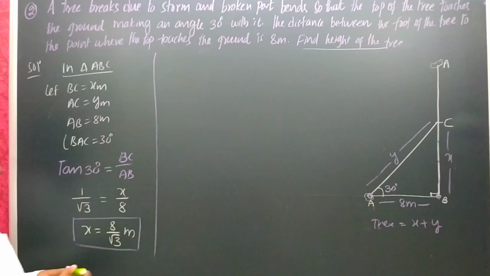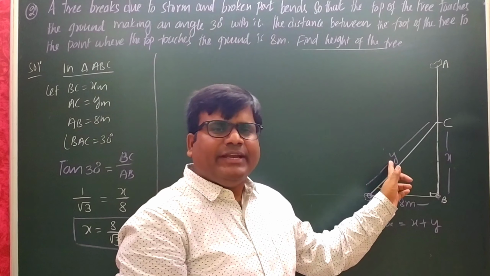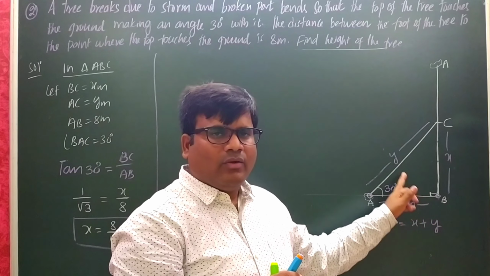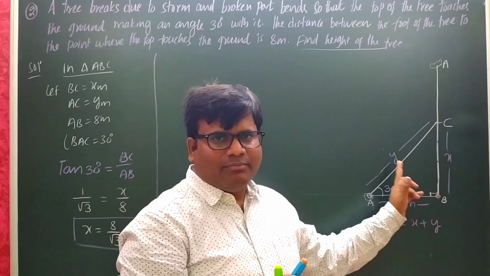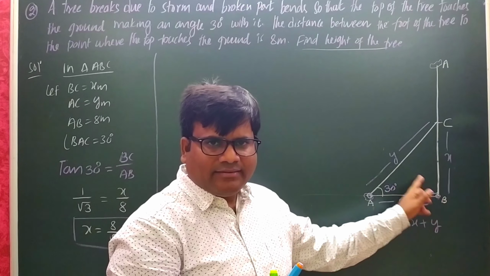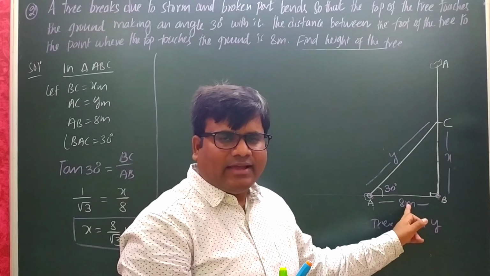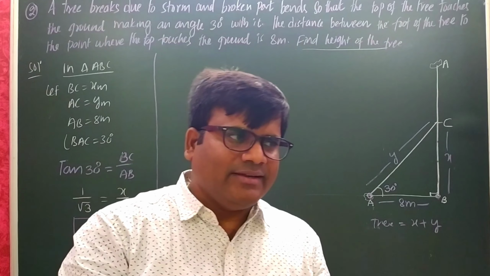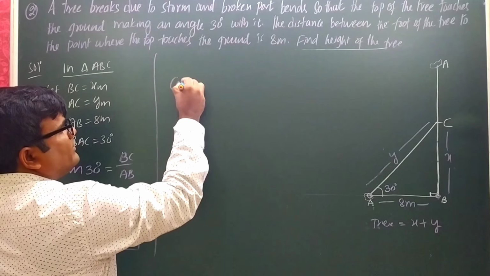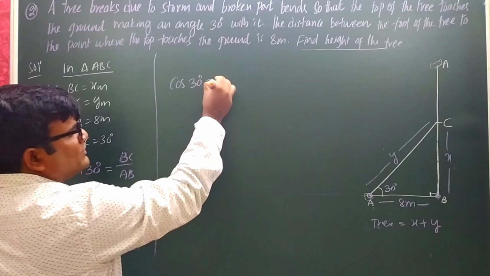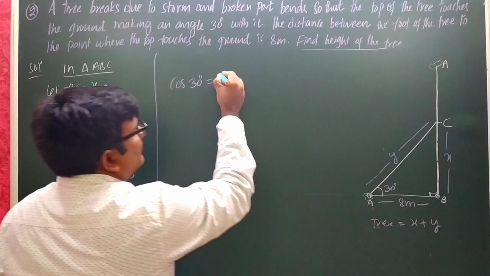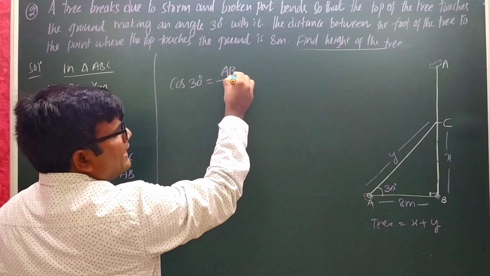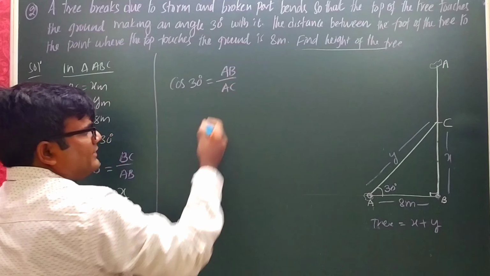Next, the second one. Here we need to find y also. Y is opposite to the right angle, that means it is the hypotenuse. Given side is adjacent. So the ratio between adjacent and hypotenuse is cos. So cos 30 degrees is equal to adjacent side AB by hypotenuse AC.